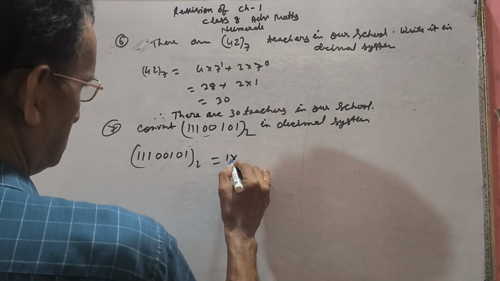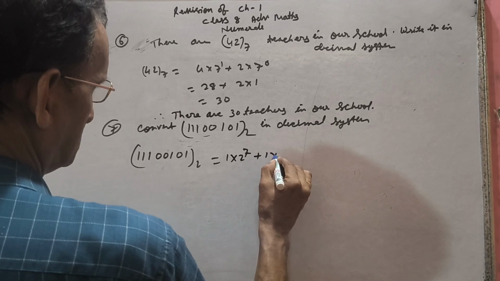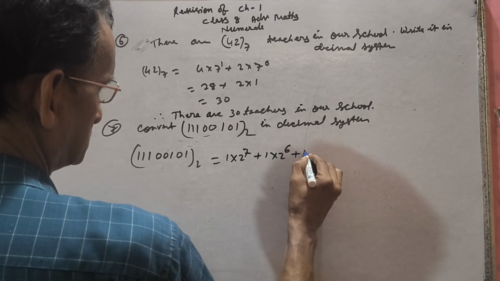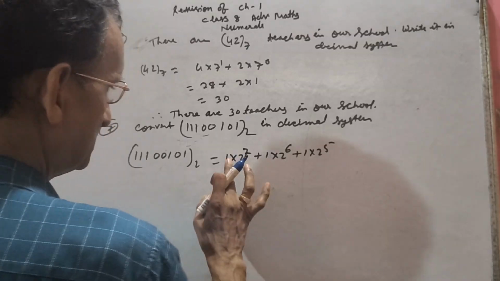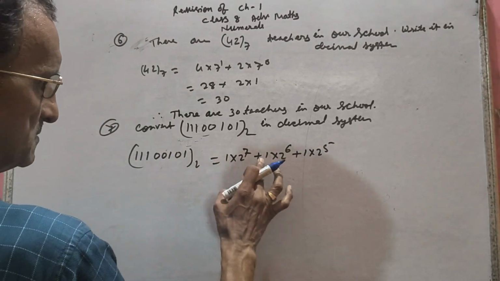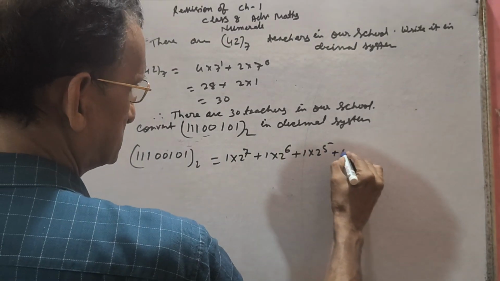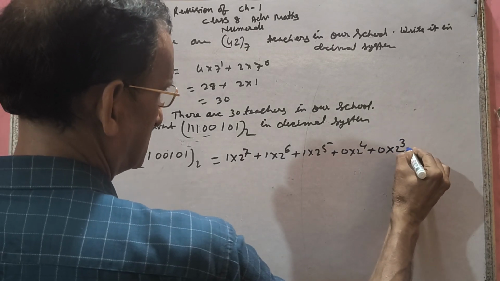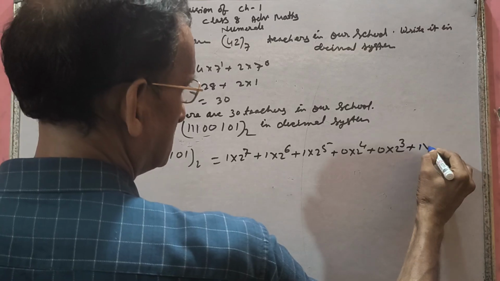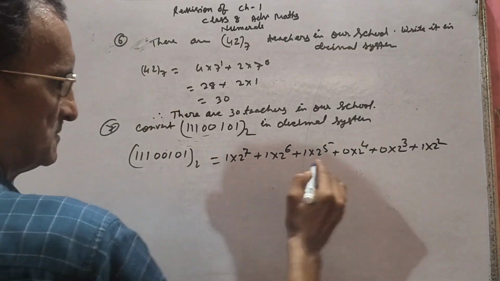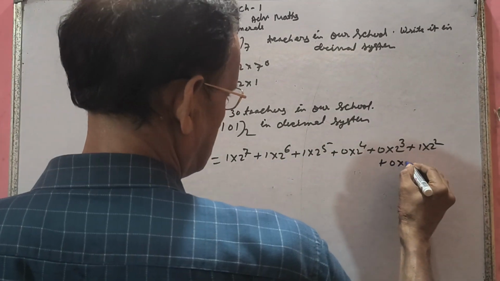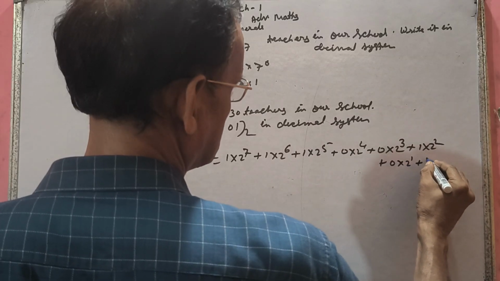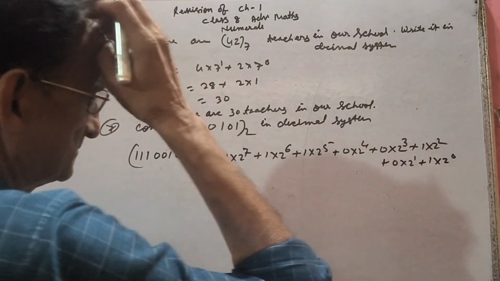So 1 into 2 to the power 7 plus 1 into 2 to the power 6 plus 1 into 2 to the power 5, plus 0 into 2 to the power 4 plus 0 into 2 to the power 3 plus 1 into 2 to the power 2 plus 0 into 2 to the power 1 plus 1 into 2 to the power 0.